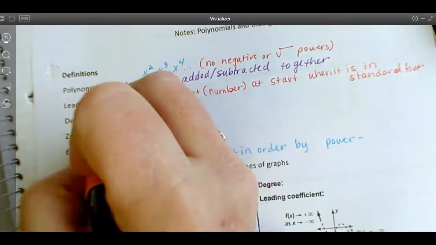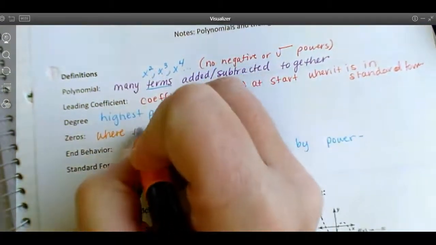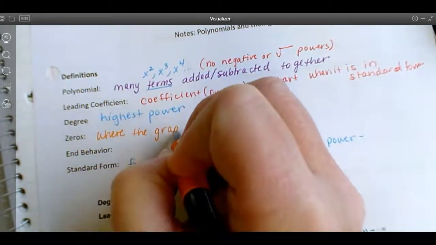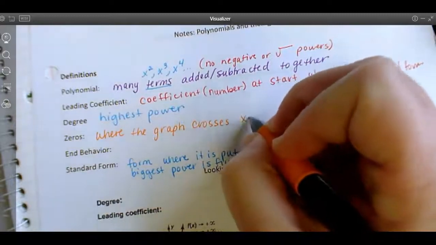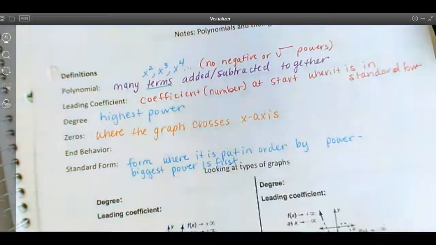Zeros is where the graph crosses the x-axis. If it ever says how many zeros are there, you're just looking to see how many times the graph crosses the x-axis.